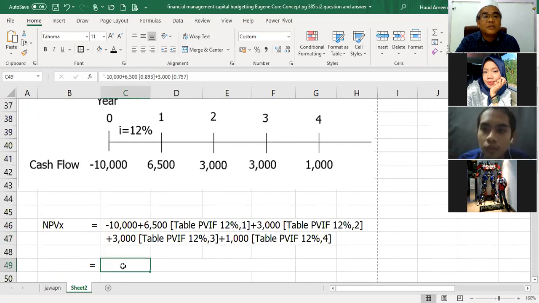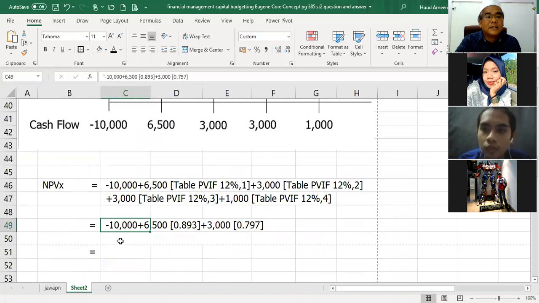If you refer to the table, you get this. The net amount is 6,967.50. Negative 10,000, then the positive. So if you invest 10,000, at the end of the fourth year you will get a positive surplus.